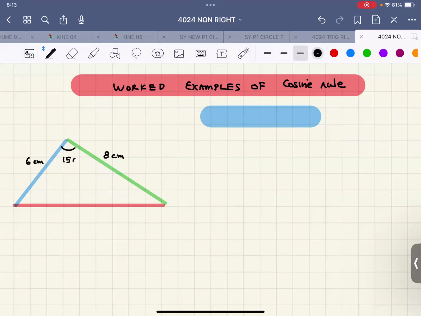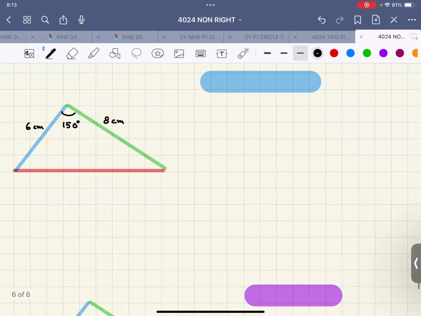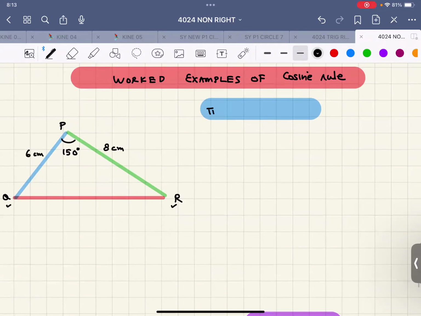This is 150 degrees. And I'm interested in this side. Let's call it PQR. So I'm interested in QR. That is opposite of P. So this is two sides and included angle. What are we looking for? We are looking for the third side, which is QR.